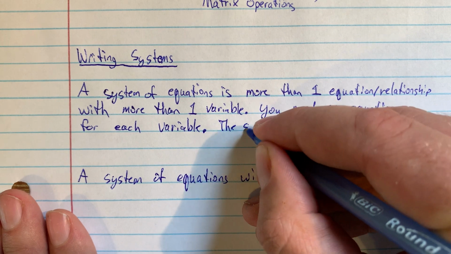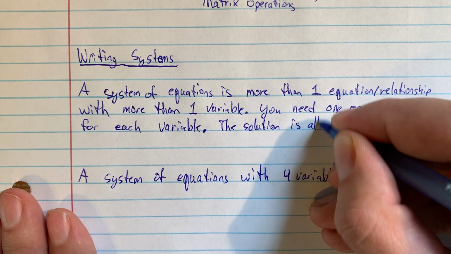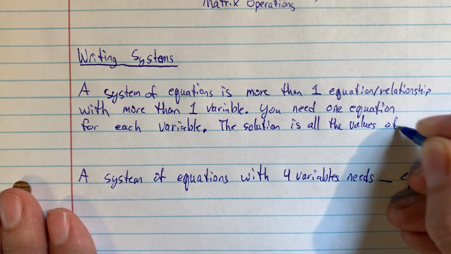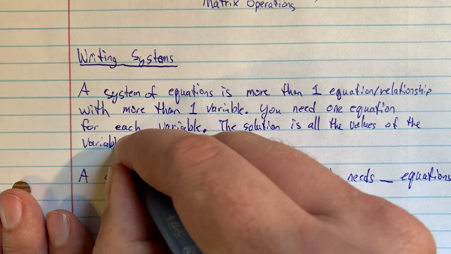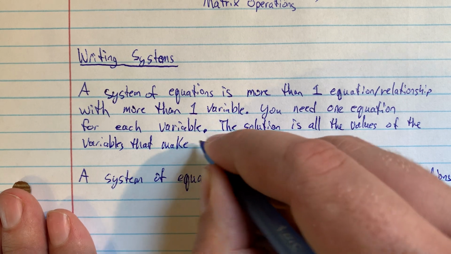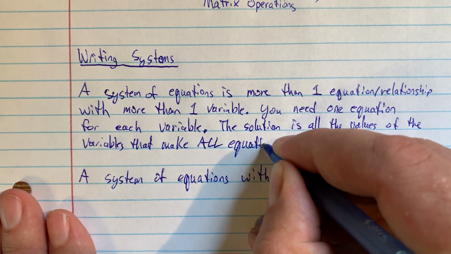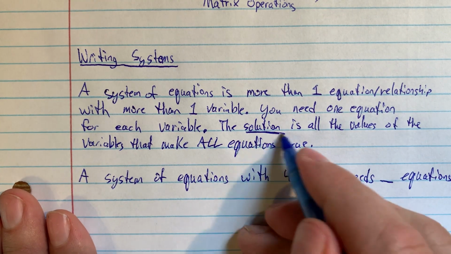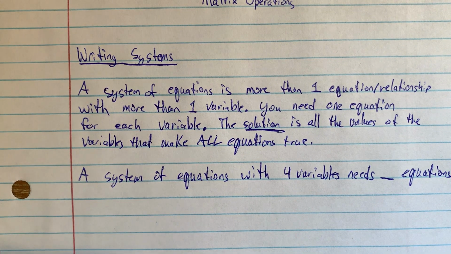The solution is all the values of the variables that make all equations true. We'll try to talk about how to find these solutions more next class. But for today, we'll be talking about how to write them.